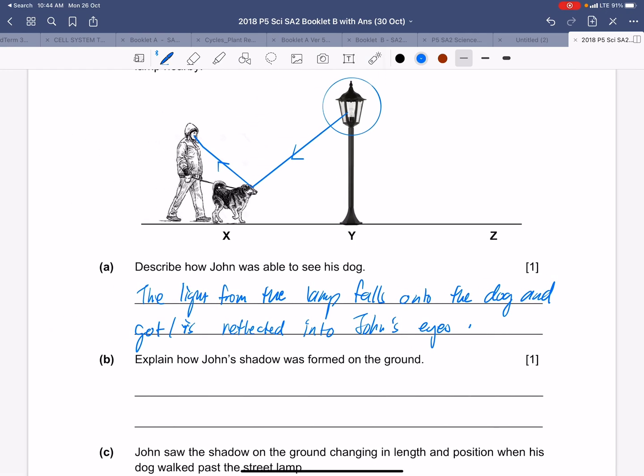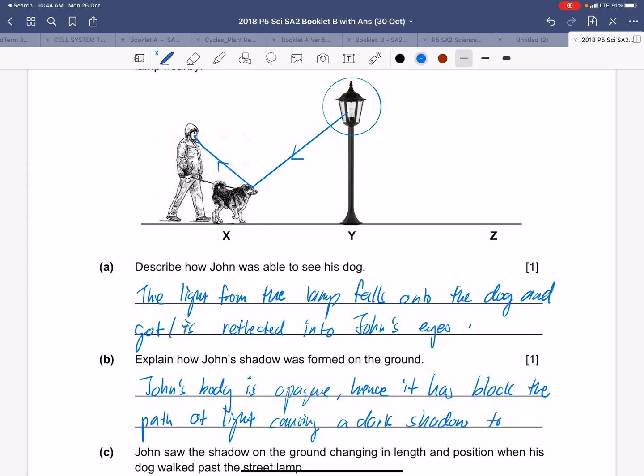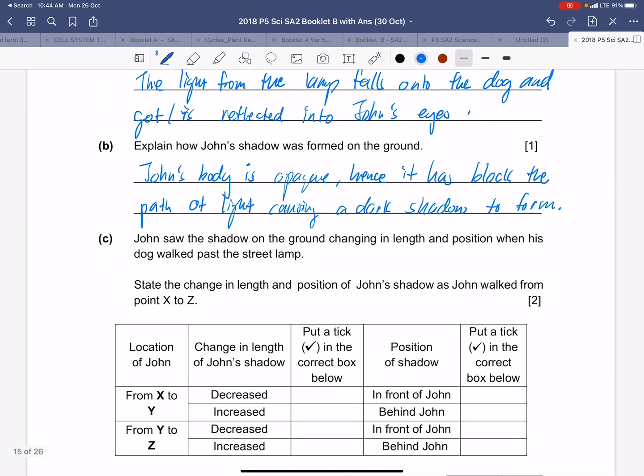So you would say that John's body is opaque, hence it has blocked the path of light, causing a dark shadow to form. Okay, next.